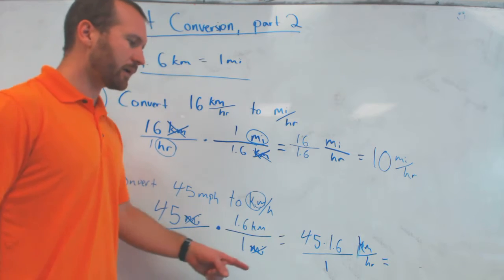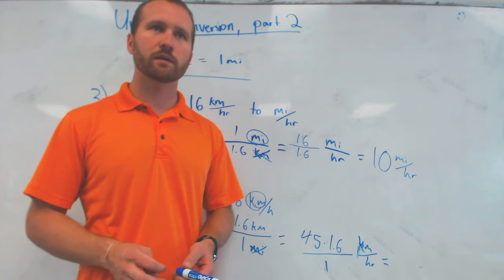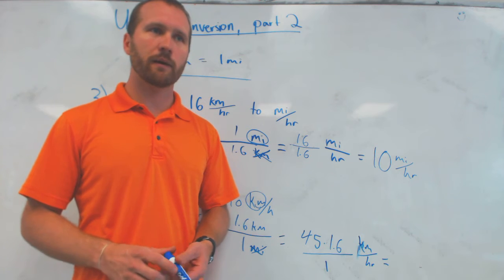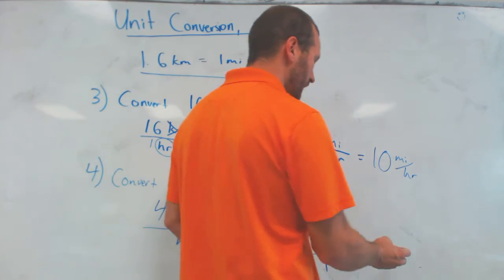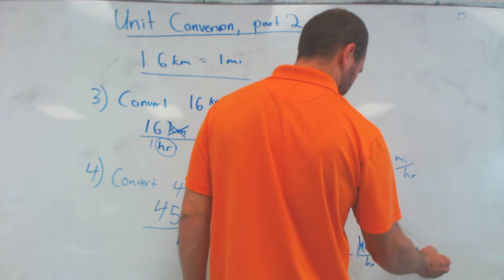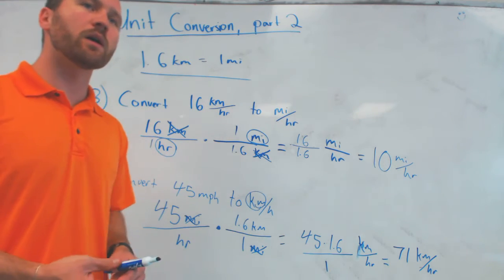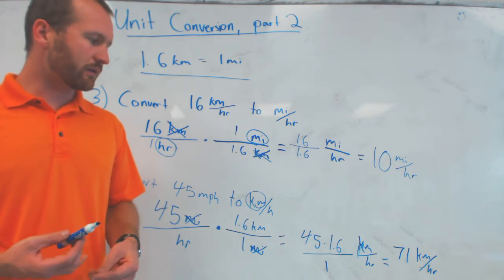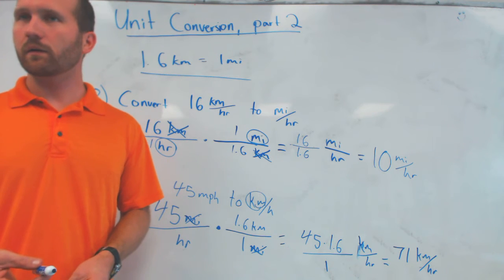So in my calculator, I'm going to type in, what is 45 times 1.6? Did anyone do that? Yeah. 71. Okay. 71. You got 72? Wait.